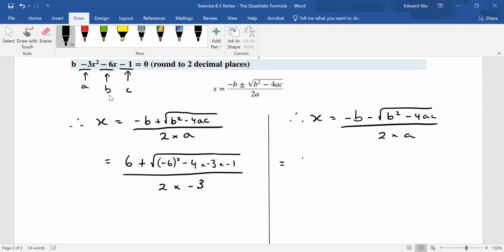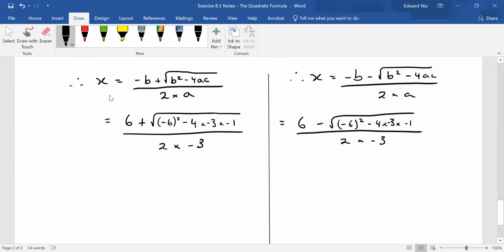We write this on the other side, but instead of having a plus, we have a minus. Okay, and then we've got the same situation inside the square root. So from here, what we can do is simplify everything underneath the square root sign.